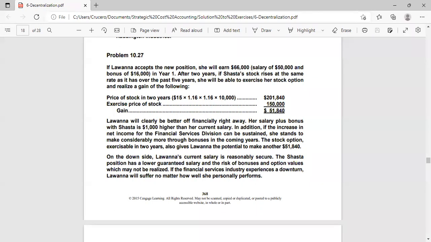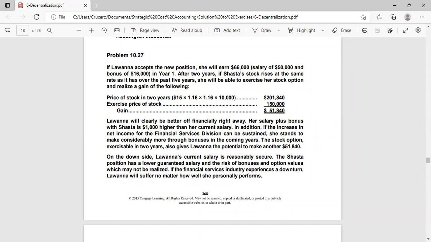Then the exercise price of that stock will be 15,000, and we subtract that from the current market price. So we have the exercise price of the stock option, and we now get the gain of 51,840.